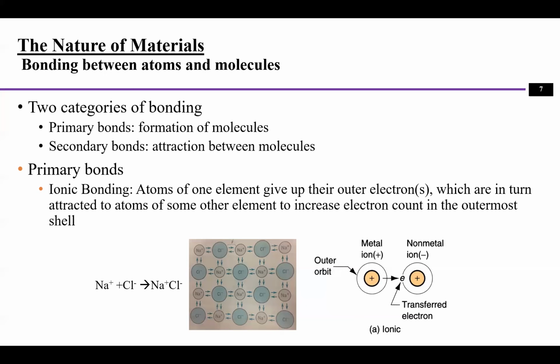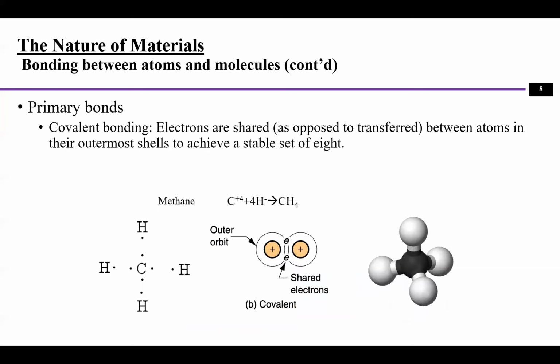And then one is losing, the other one is accepting. So this starts to form a certain bonding, and this kind of bonding is called ionic bonding. And another type of bonding: instead of one giving up and the other accepting, in covalent bonding the electrons are shared between atoms.